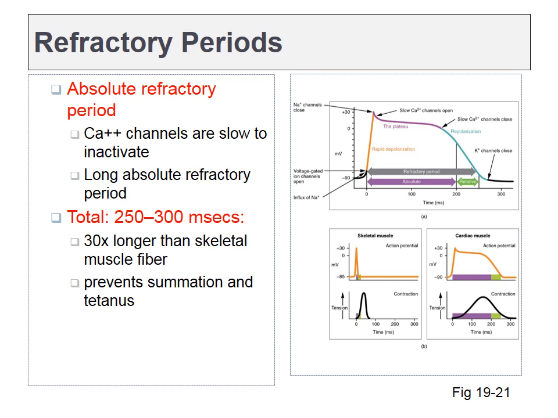The voltage-gated calcium channels in the cardiac muscle cells remain open for longer than the voltage-gated sodium channels. And for that reason, the absolute refractory period of a cardiac myocyte action potential is longer than the absolute refractory period of a neuron. And this has some significance.